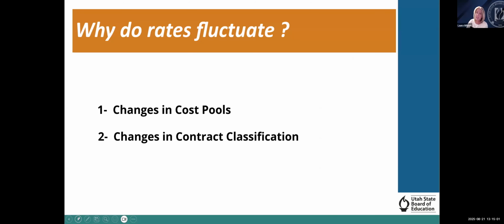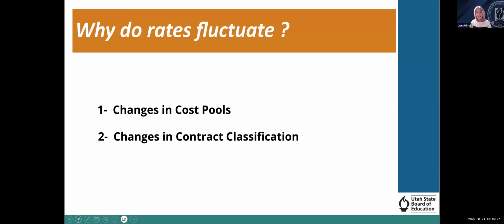So common questions that we get every year: Why is my rate fluctuating so much? And to be honest, when we get these questions, we always look at your specific LEA. We do hand calculations to be sure that our back end UPEFs calculations are working correctly. We want to make sure that there hasn't been something that messed that up.